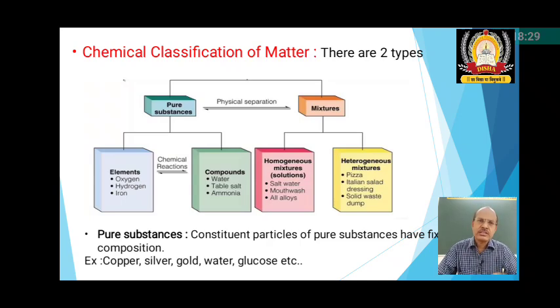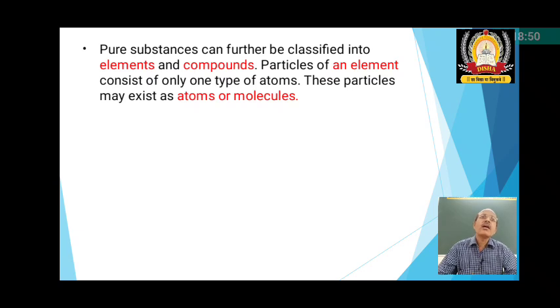That means there you will find a fixed composition and fixed ratio of atoms, particularly with pure substances or compounds. Now, pure substances can be further classified into two. One is elements and another one is compounds.